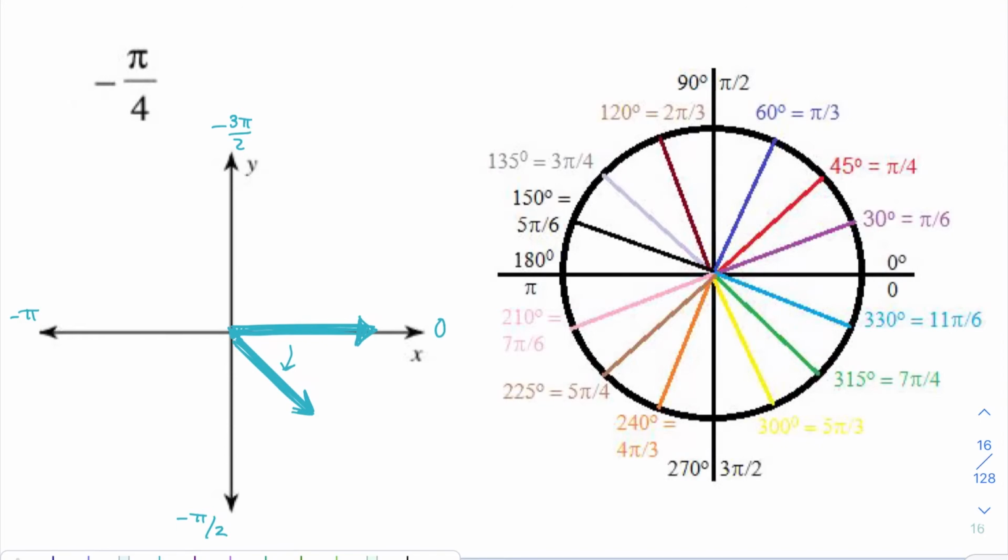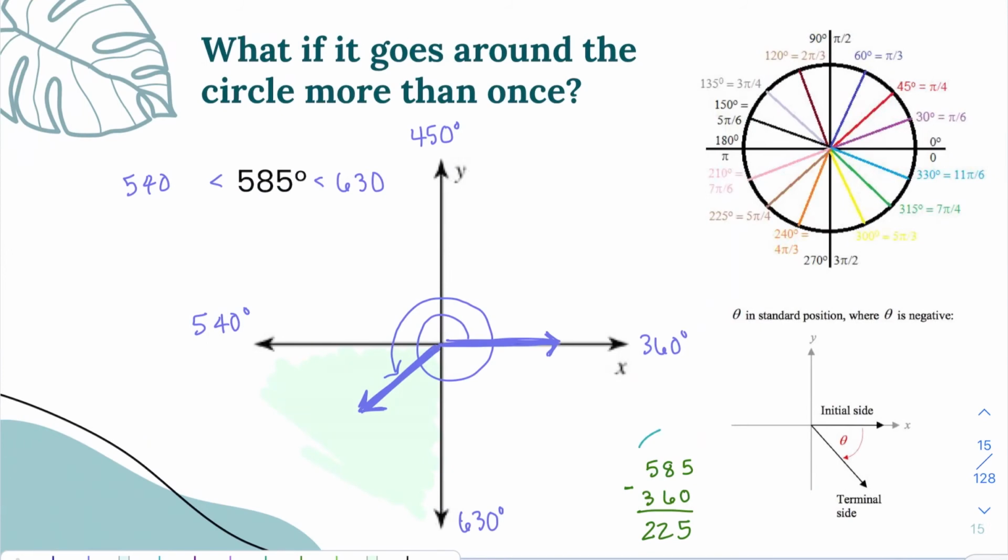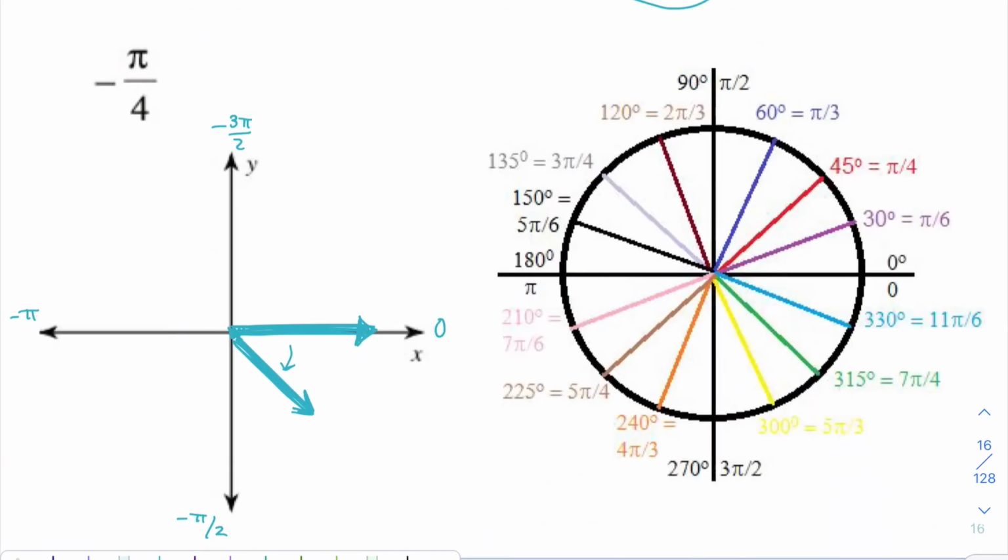It's kind of similar to how, with degrees, an option was to subtract 360 until we got an angle between 0 and 360. When it's negative, you can add a full rotation until it's positive. Because if we look at our unit circle here, we only have positive angles between 0 and 360 or 0 and 2 pi.